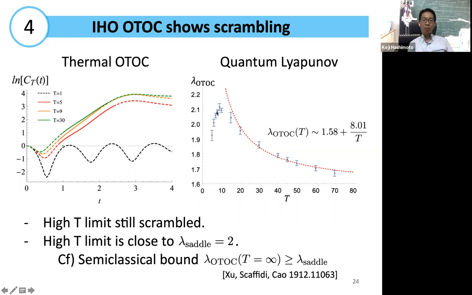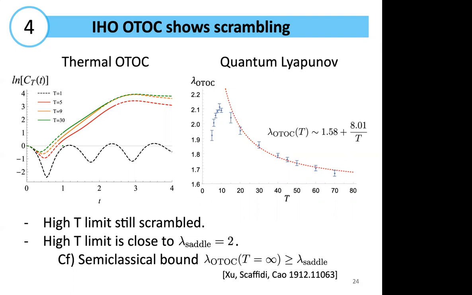And then it grows a little bit, then it goes down, and it may go to some constant. This constant is non-zero. If I fit the high temperature behavior, numerically obtained, by the function constant plus 1 over temperature, then this constant part is non-zero. So it asymptotes to a non-zero constant.